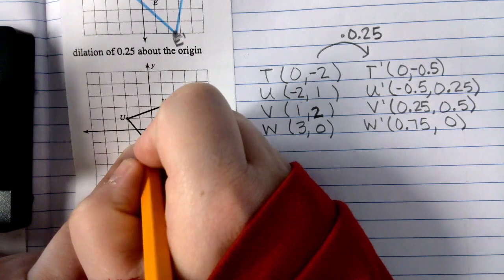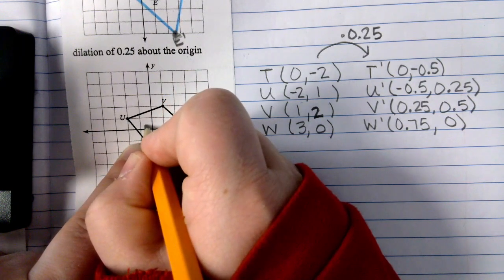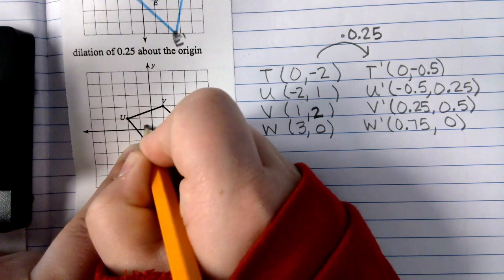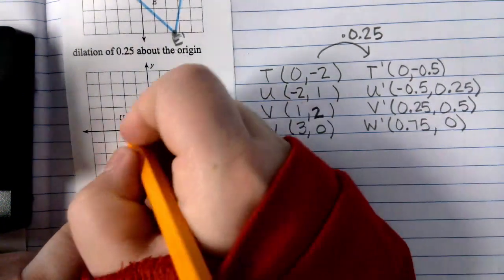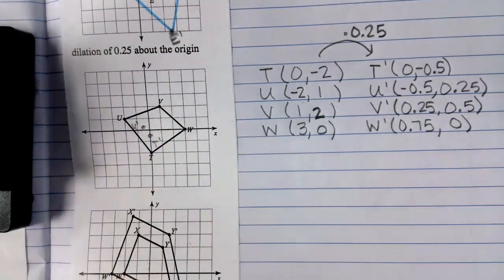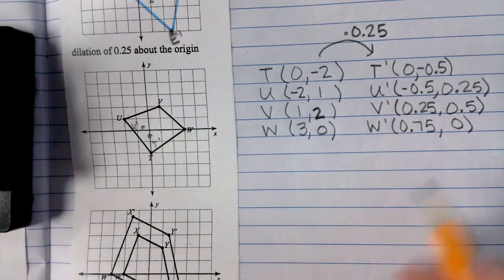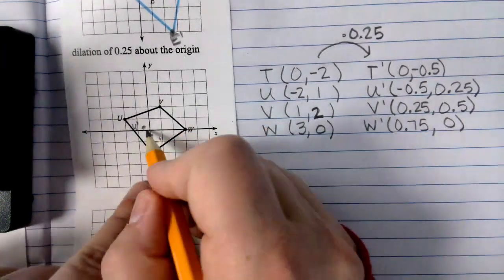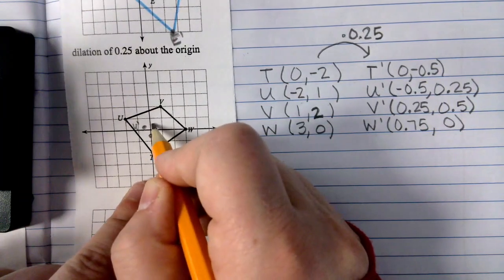Just right above that line is going to be our U prime. For V prime, we're going to go right a quarter, so right just a little bit, up about a half. And there's our V prime.